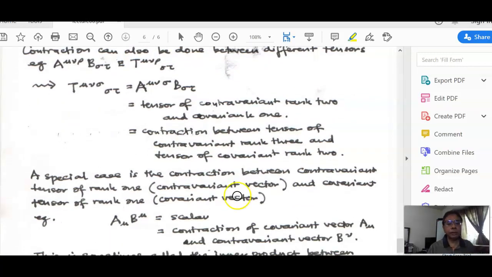A special case in this particular example is you take a covariant vector, for example, this is a covariant tensor of rank 1, and a contravariant tensor of rank 1, which is a contravariant vector, and make the two indices the same. So there's a contraction there, and this will be a dummy index. So in other words, there's no free index in this object. When there's no free index, it's just like a scalar.